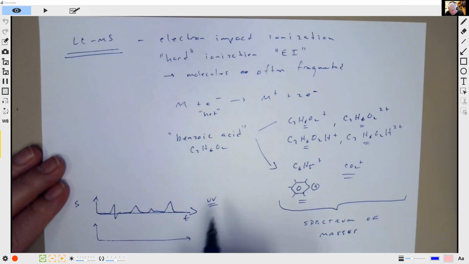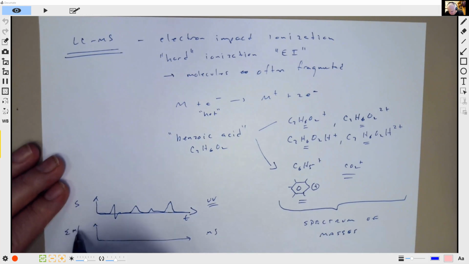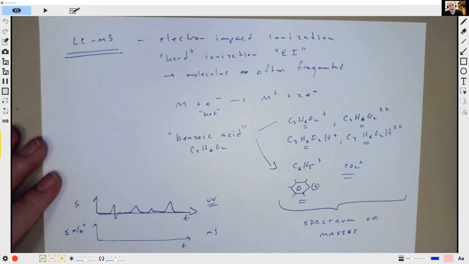And let's say this is the summation of all the M over Z channels versus time. This will be what you would describe as the total ion mass spectrum. So you get all the ions, you mass analyze them, and then you throw away that information and add it up again. So you kind of do a heretical thing from the analytical chemistry perspective.